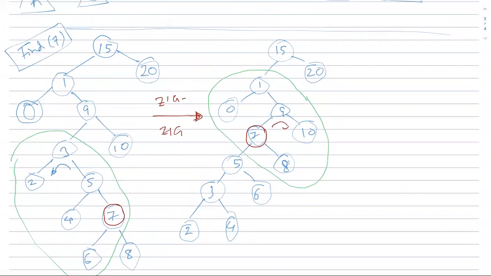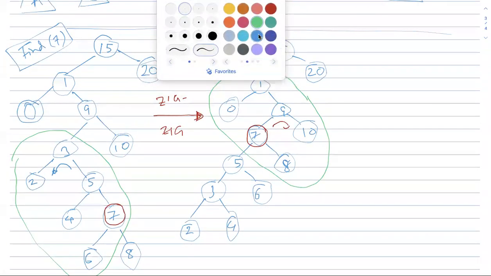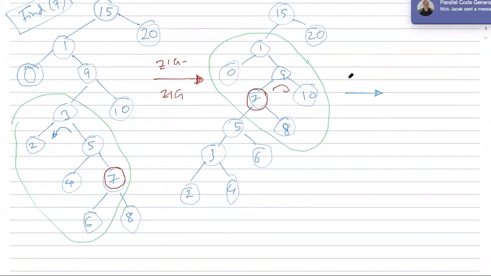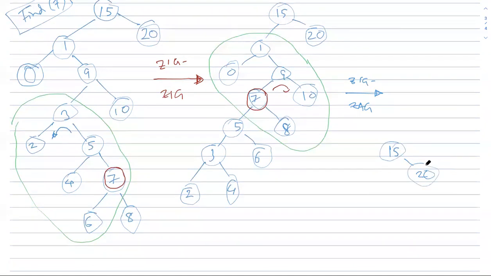So now we are going to apply here zig-zag. So zig-zag rotation will bring the 7 to the place where 1 is, right? So we'll be drawing 15, 20, and then instead of 1, we are placing 7. Okay. So at this moment, we are just looking at the subtree here.